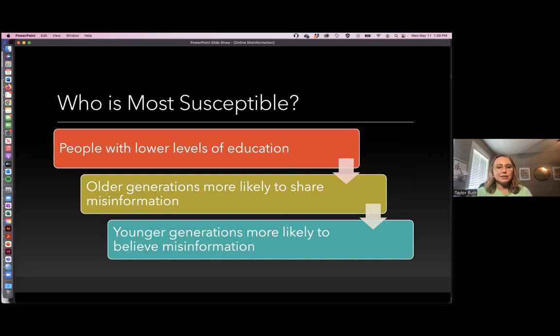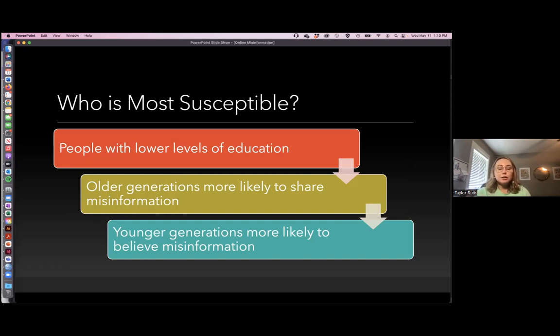Also, I found this a little interesting. Older generations are more likely to share misinformation online, but they're less likely to believe it, which I can confirm checks out. My dad does not believe almost anything he sees online, which is just as bad as if you believed everything, in all honesty. But they're more likely to share that misinformation, which is also not great.